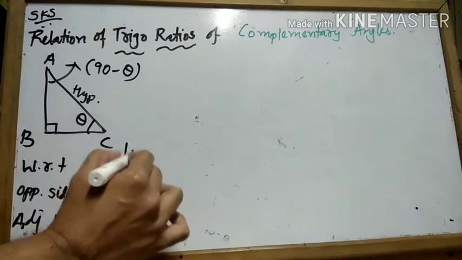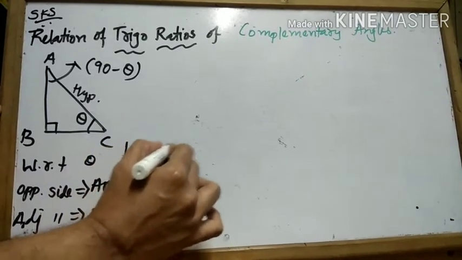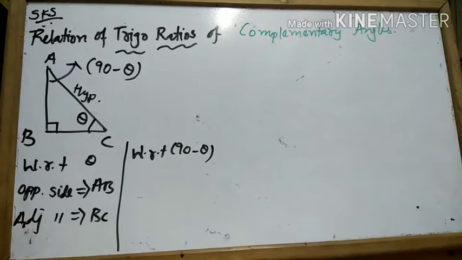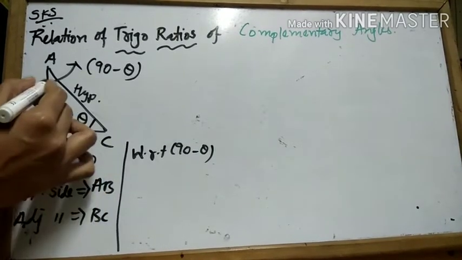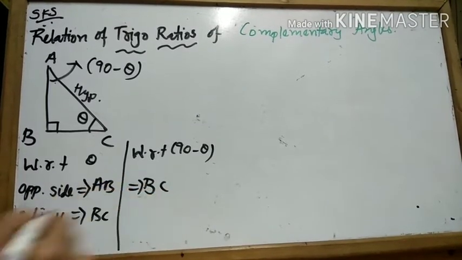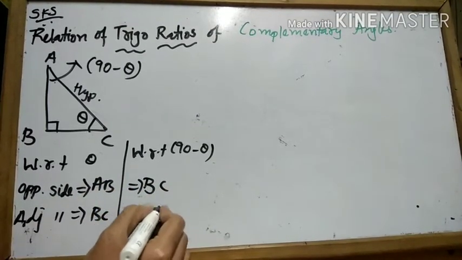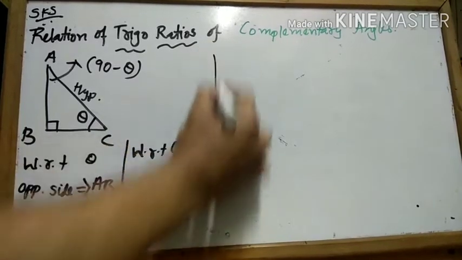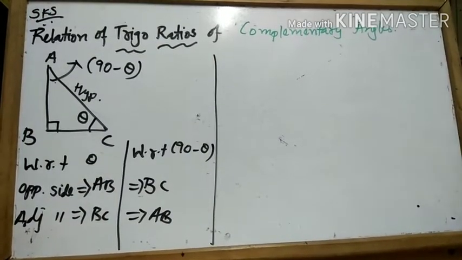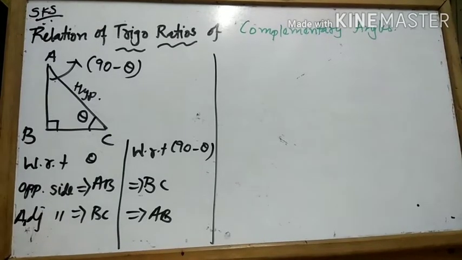With respect to 90 minus theta, what is the opposite side? 90 minus theta is here, so the opposite side will be BC, and the adjacent side will be AB. You have to understand these basics very clearly before we go on to the next part.